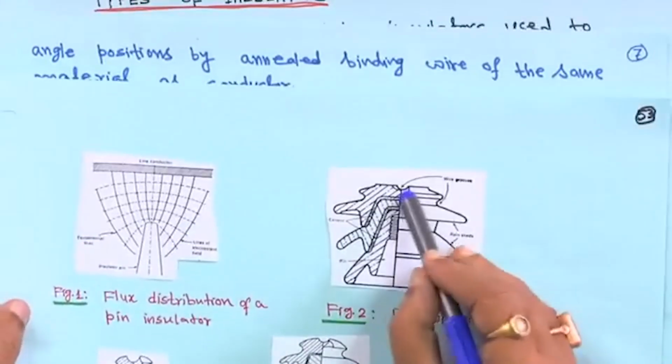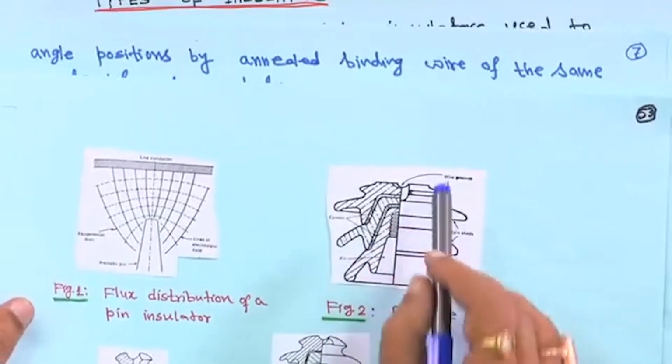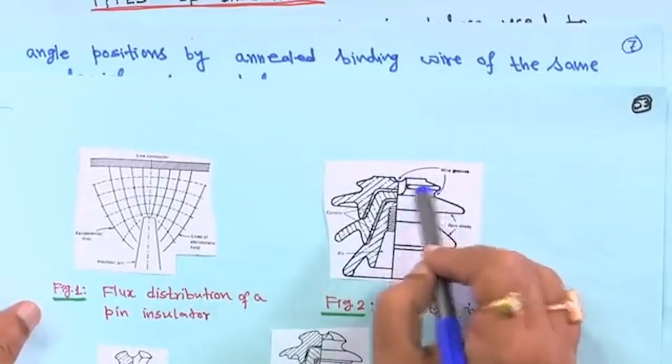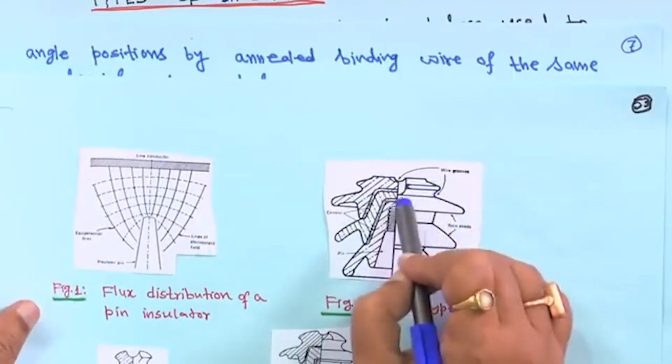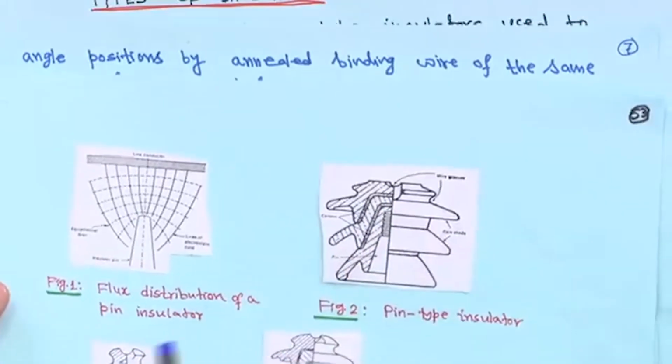As I told you, this is the top groove and this is the angle groove, the way the conductors are tied. If the conductor is made of copper, then you have to tie it with the same copper conductor, and if it is aluminum, then you should use the same aluminum conductor to tie it up, right.